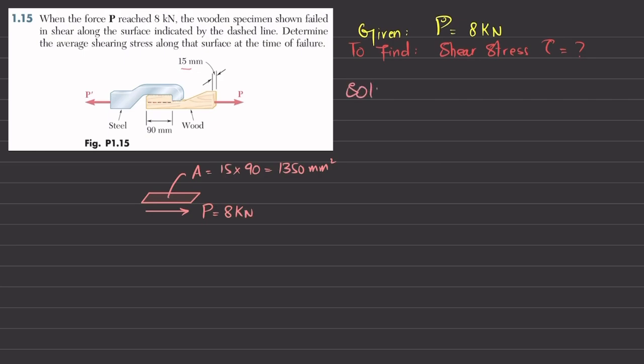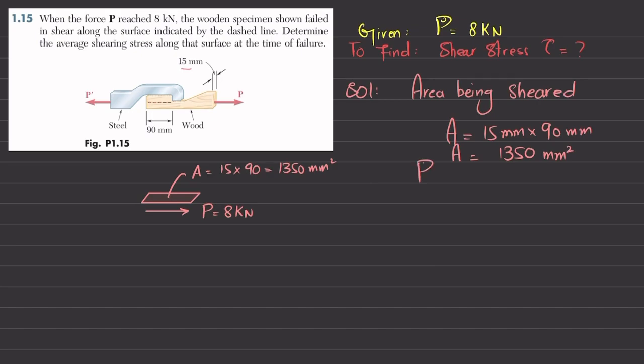So solution is that area being sheared where this failure caused is equal to 15 millimeter multiplied by 90 millimeter, and that is equal to 1350 square millimeter. And the load which is 8 kilonewton, so 8 into 10 raised to the power 3 Newton.